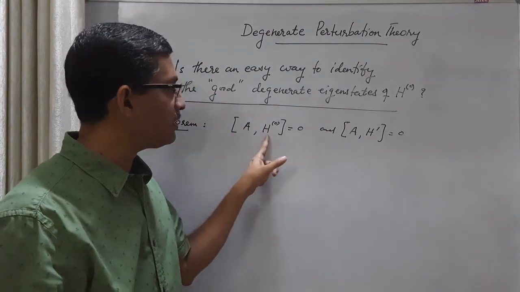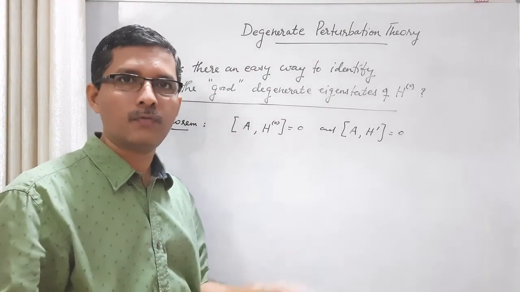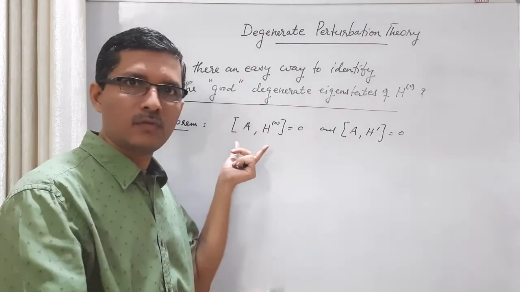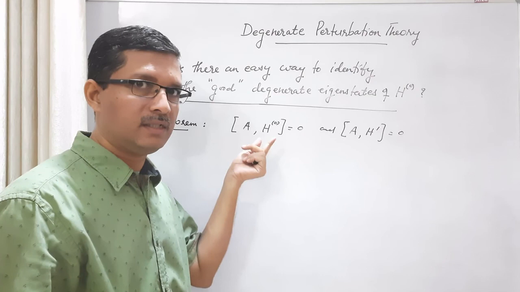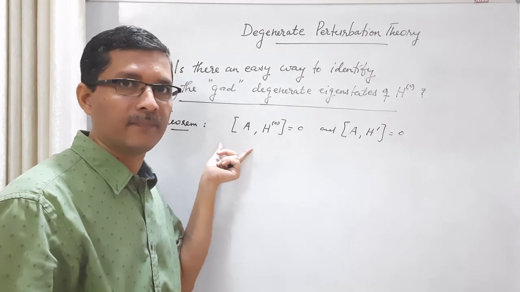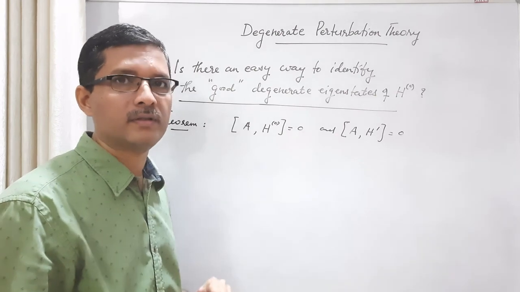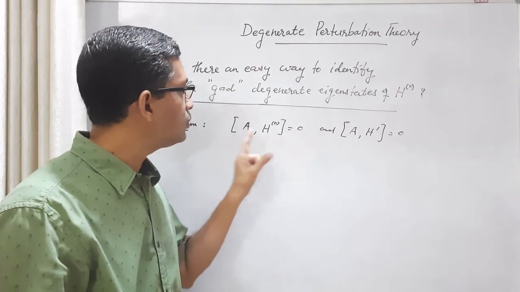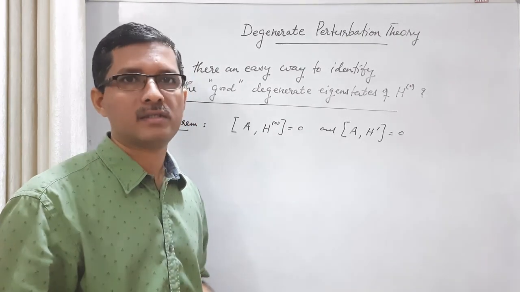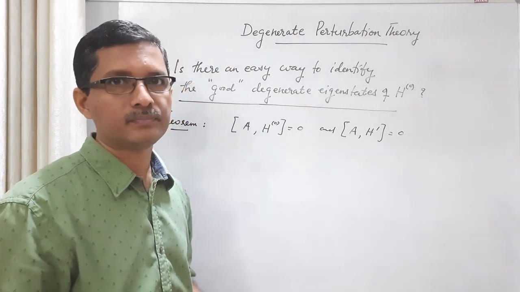So consider the degenerate eigenstates of H0, let us say some twofold degenerate eigenstates of H0. Then they will be eigenstates of A also. But these are degenerate eigenstates of H0, but they are non-degenerate eigenstates of A, corresponding to two different eigenvalues. Then those degenerate eigenstates of H0 will be the good eigenstates for our problem.